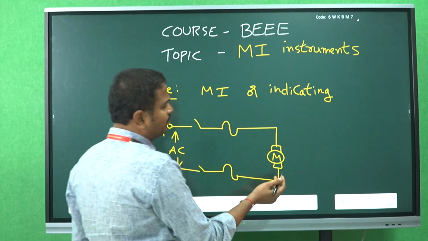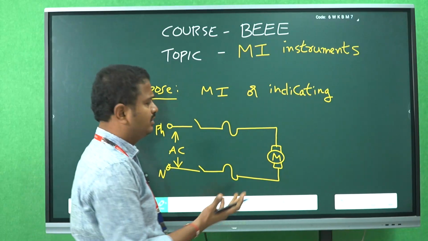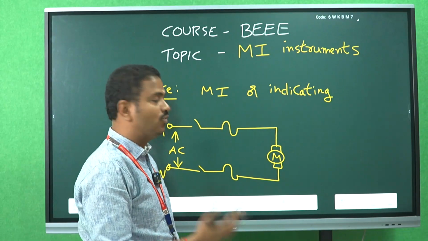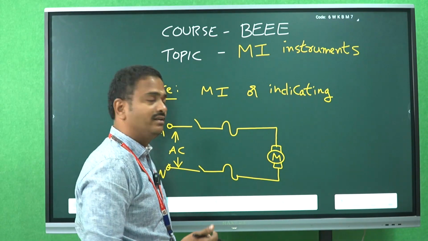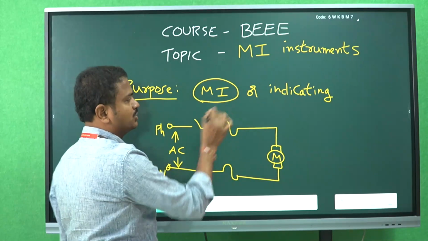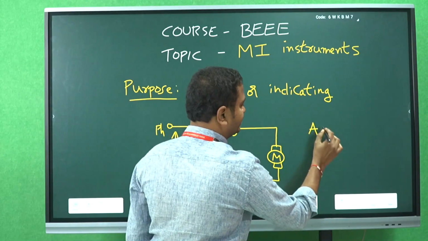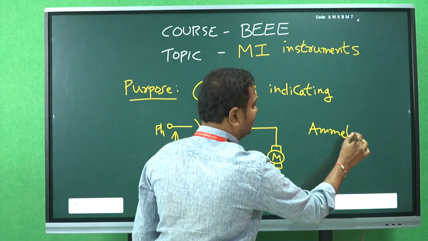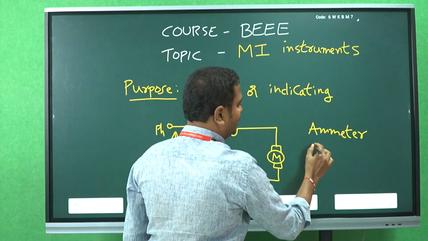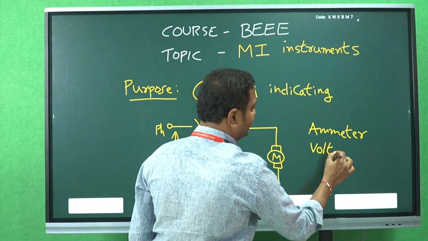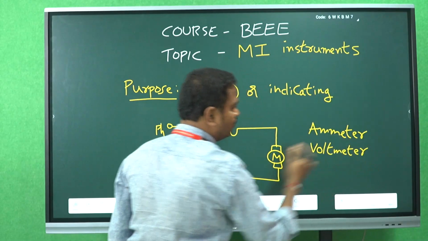Now if we want to measure the current and voltage at the motor side, then we have to use these MI instruments, moving iron instruments. If we want to measure current, then we need an MI ammeter, and if we want to measure voltage, then we need a voltmeter.